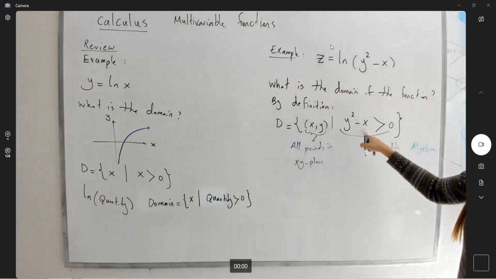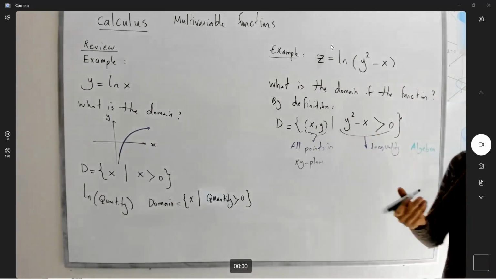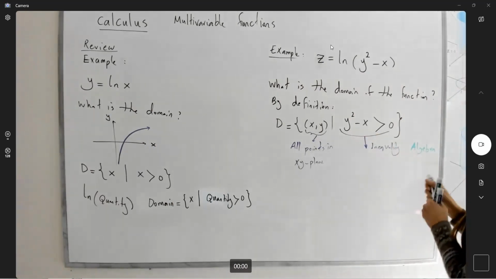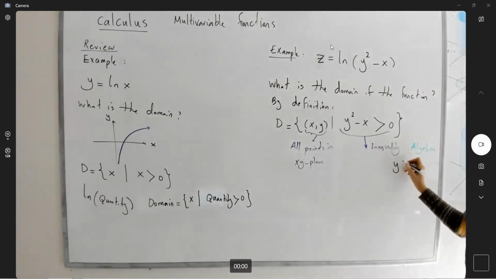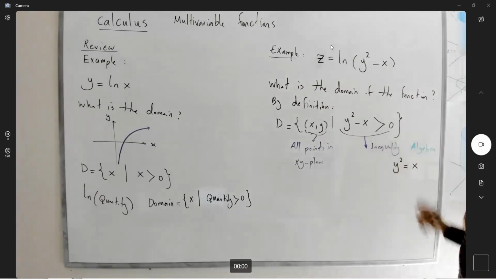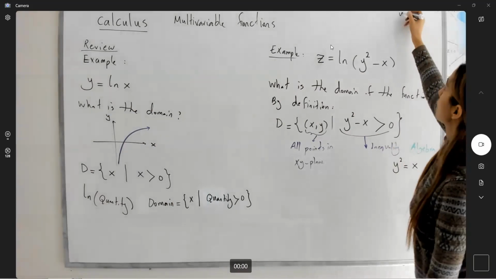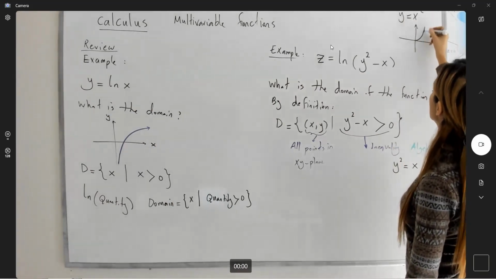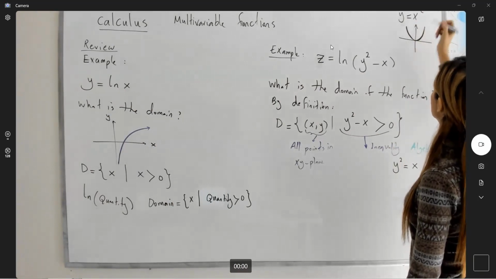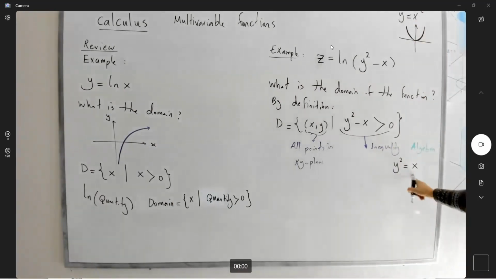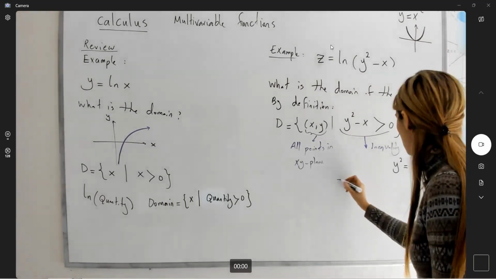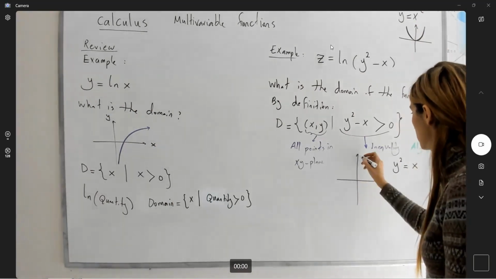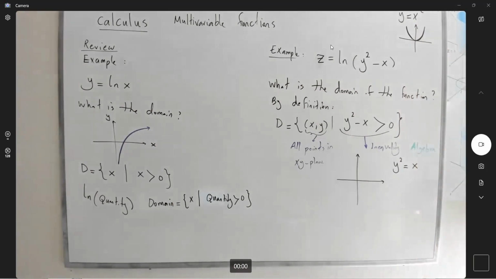In algebra, you have y squared equals x. Well, it's different from y equals x squared, guys. y equals x squared gives you a parabola. Here you have y squared equals x. You can say that y is equal to plus or minus square root of x.